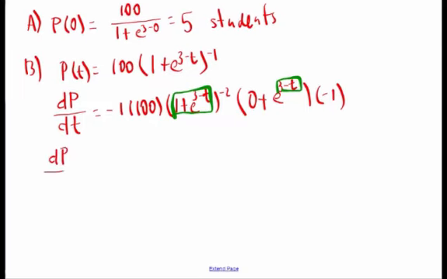My rate of change of the flu with the population over time is 100 times e to the 3 minus t times (1 plus e to the 3 minus t) to the -2. And if you want to, you can put the -2 guy on the bottom. But if we're going to punch it into our calculator, then it doesn't matter a whole heck of a lot where he's sitting.